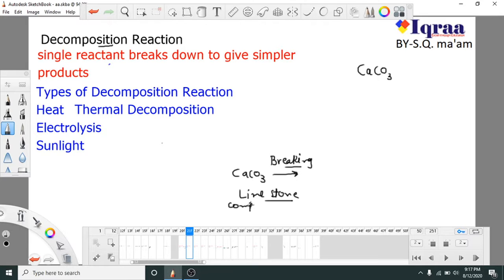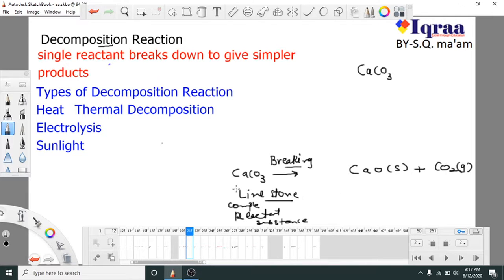This is a complex reactant because it is going into reaction, or we can say it is a single substance, and it will form CaO, that is a solid, and CO2, carbon dioxide, that is a gas.